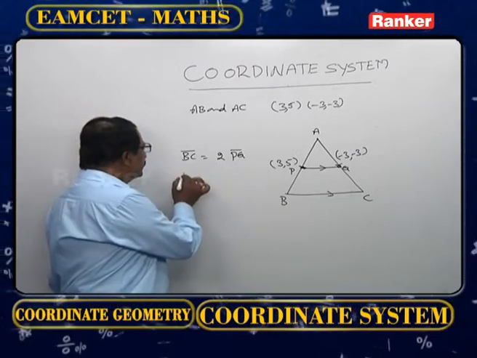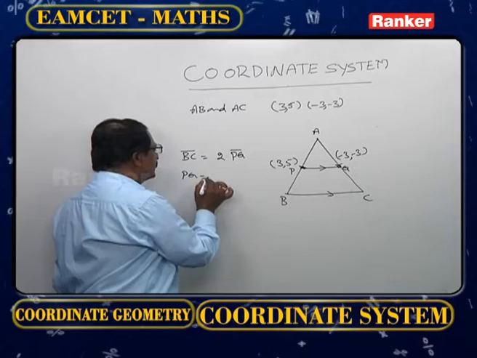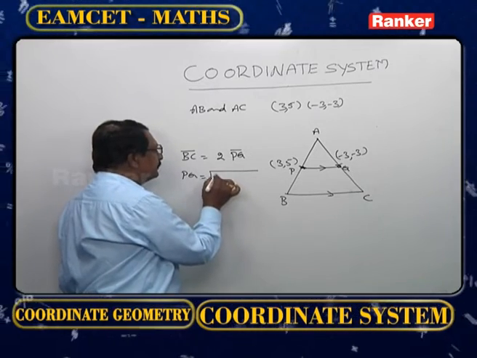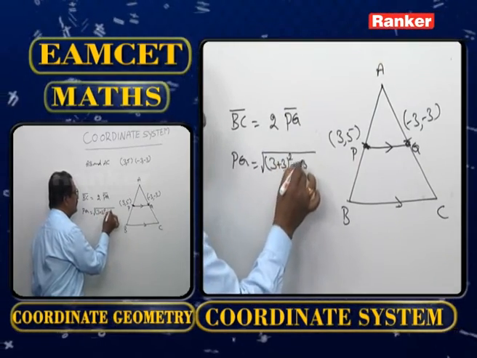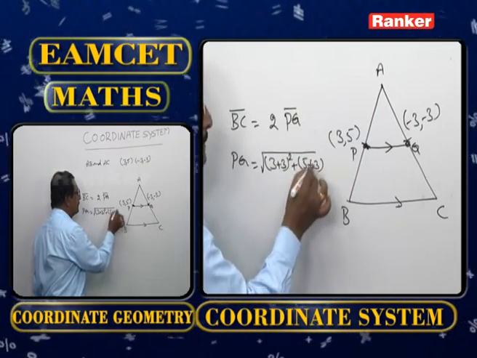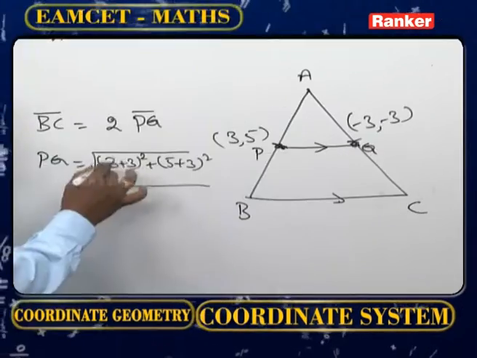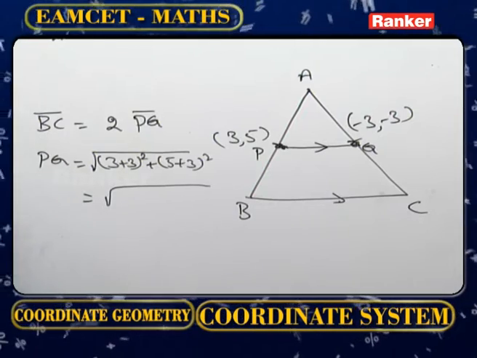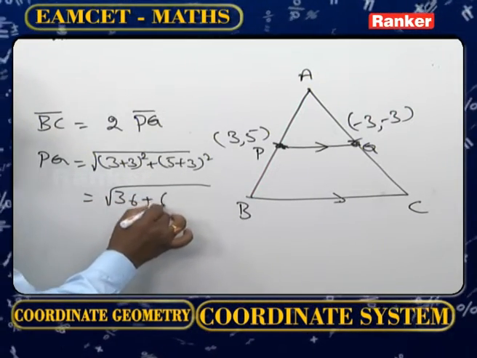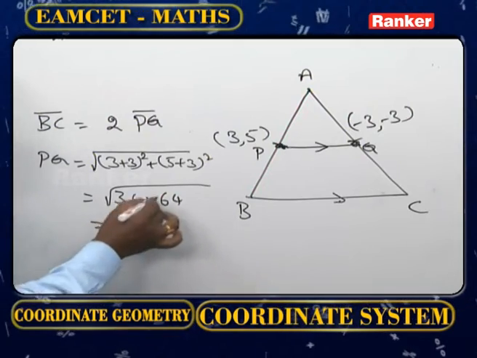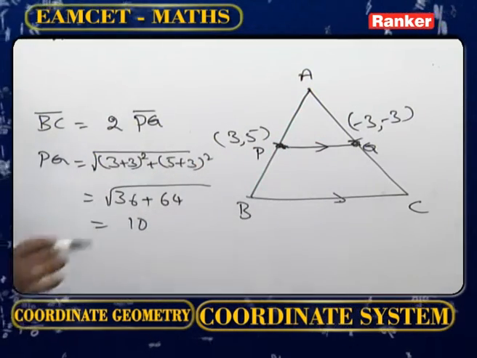Now PQ equals the distance between the two given points, which equals the square root of (3 plus 3) whole square plus (5 plus 3) whole square, which equals the square root of 6 whole square plus 8 whole square, equals 36 plus 64, which equals root 100 or 10. Now PQ equals 10 units.